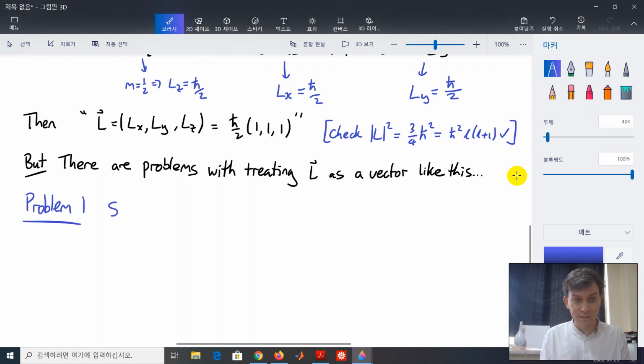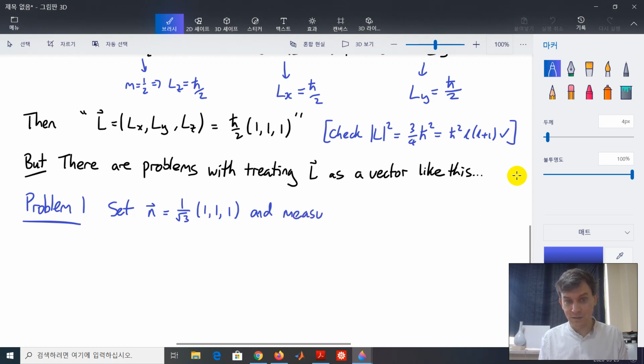We can set our vector n to be 1 over square root 3 times (1, 1, 1). The factor at the front is just to normalize it to a unit vector. And we use a Stern-Gerlach experiment to measure the component of angular momentum in the direction of n.